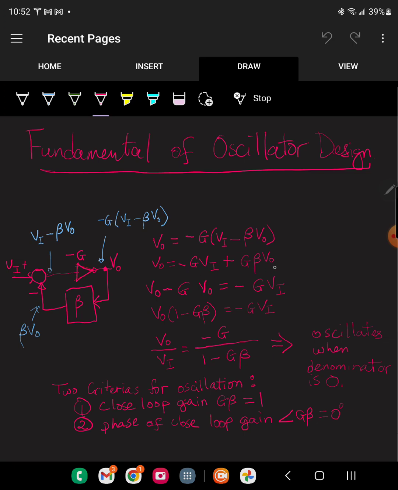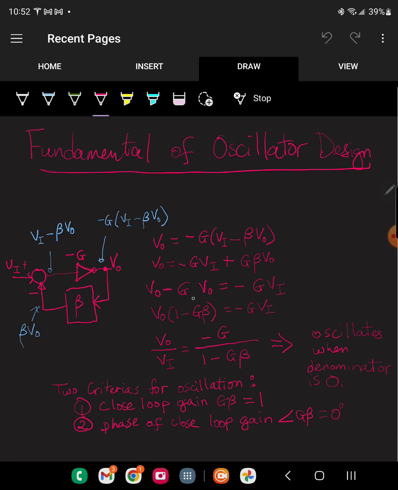To simplify the equation, we multiply everything out. So it's negative G times Vi, plus negative G times negative beta times V out, which becomes positive. And then we move the V out to the other side of the equation to collect the V out together.